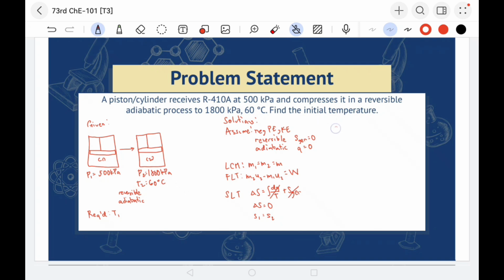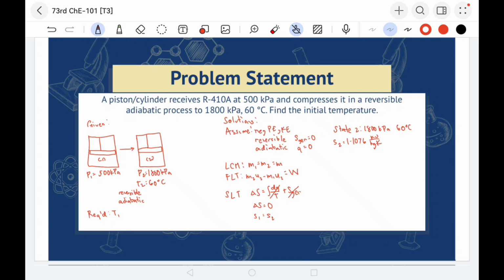Let us now analyze state 2 since the parameters in this state are complete. So we have 1800 kilopascals and 60 degrees Celsius. Looking at Sontag, we will get S2 at 1.1076 kilojoule per kilogram Kelvin.